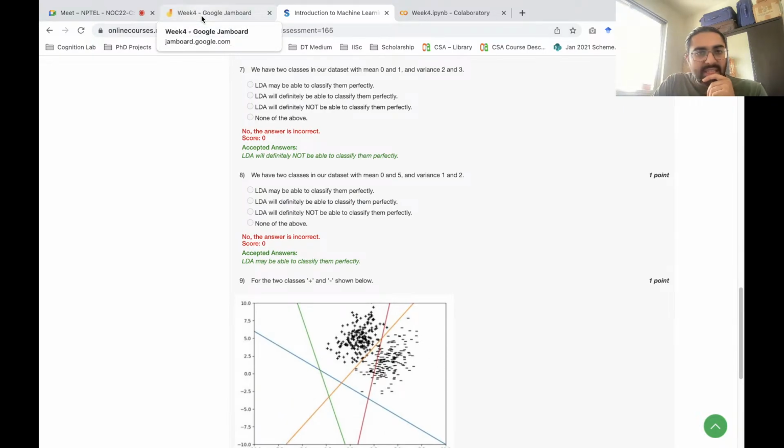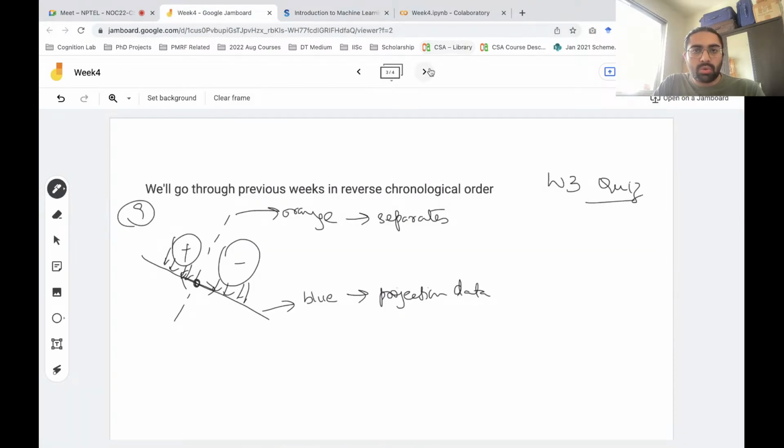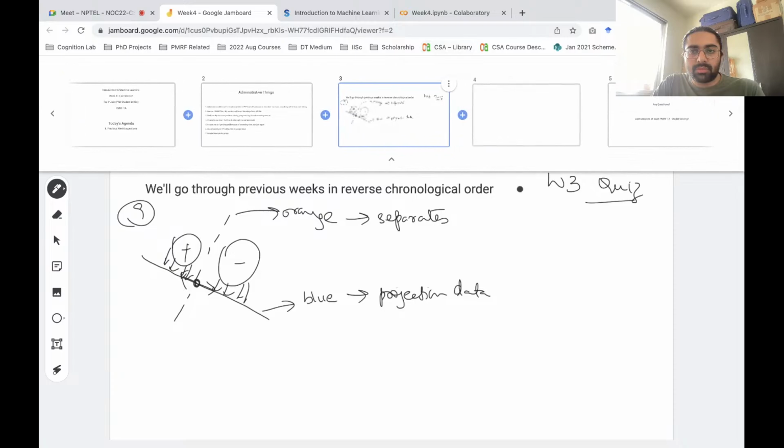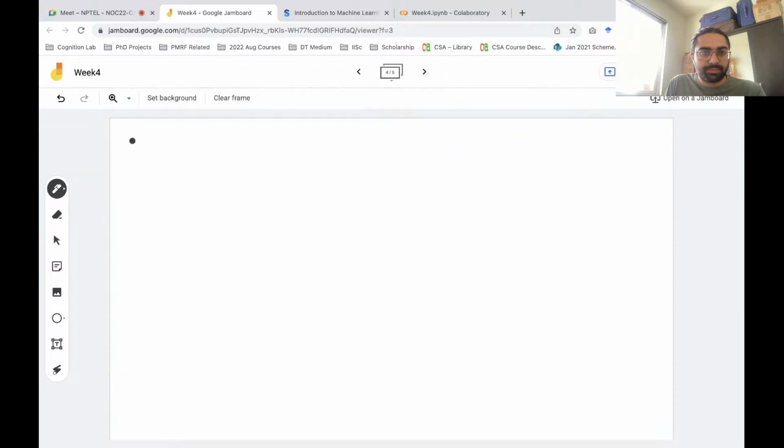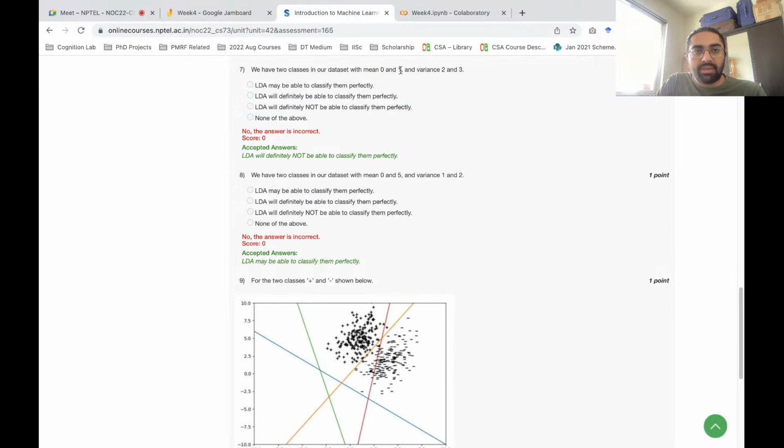The idea in 7 and 8 is that you need to see exactly what the mean and variance values are. Let's go to question 7. We have means 0 and 1, so let's say mu1 is 0 and mu2 is 1, and variances 2 and 3.